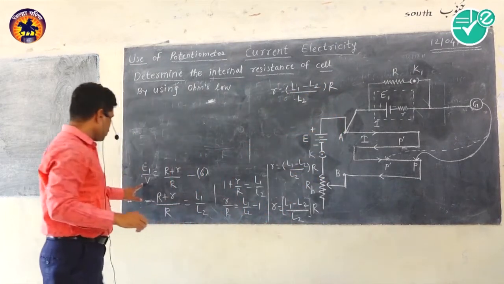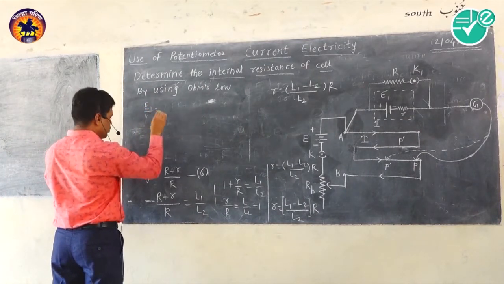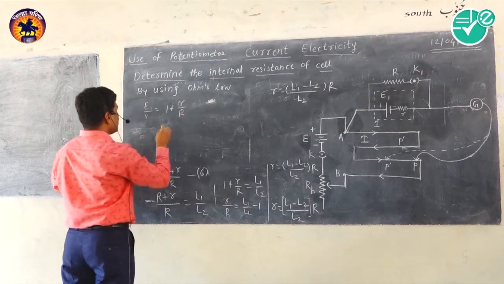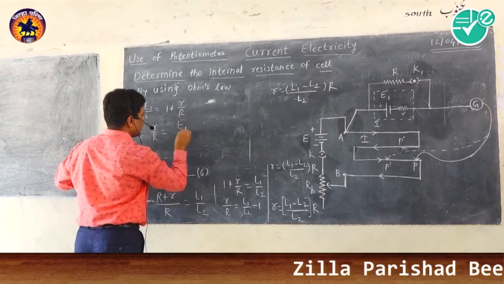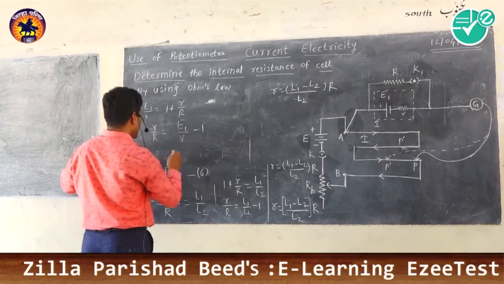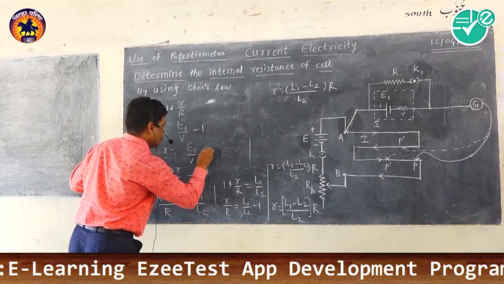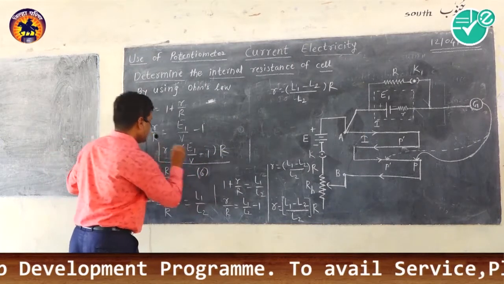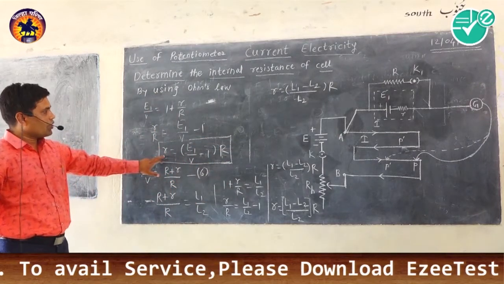Or you can also write from equation number 6: E1 by V is equal to capital R plus small r divided by capital R, so small r divided by capital R is equal to E1 by V minus 1, and therefore small r is equal to E1 by V minus 1 into capital R. This is also another equation for calculation of internal resistance.